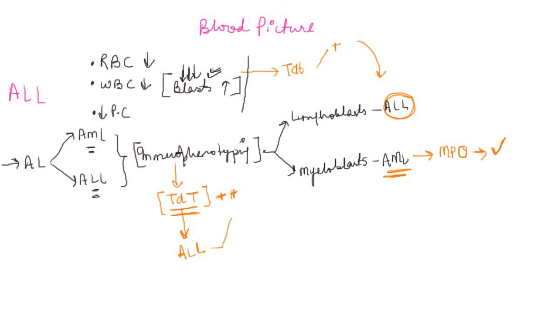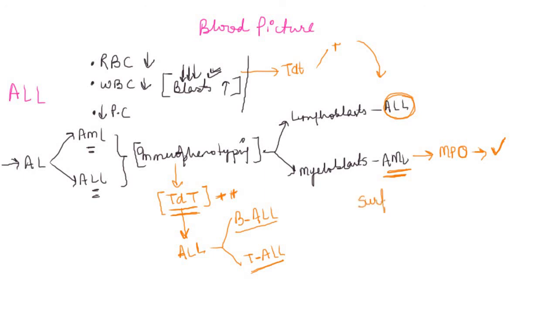We have to differentiate whether it is a case of B-ALL or T-ALL. So how do we differentiate between B-ALL and T-ALL? There is another investigation which can be used, called surface receptor studies.